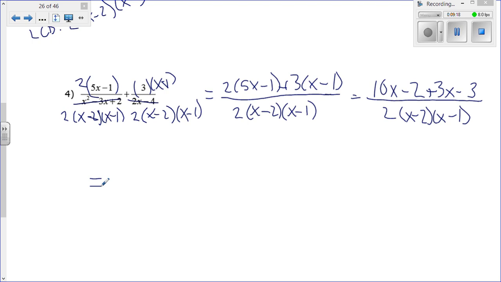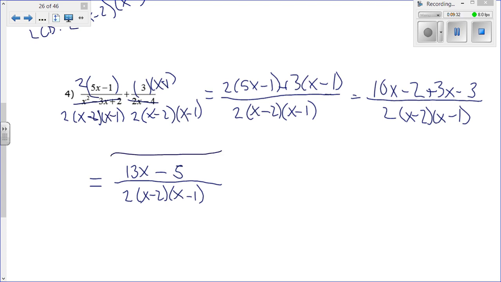Combine my like terms, and I will get 13x minus 5, which is not factorable, so I am done. Alright, that's it.